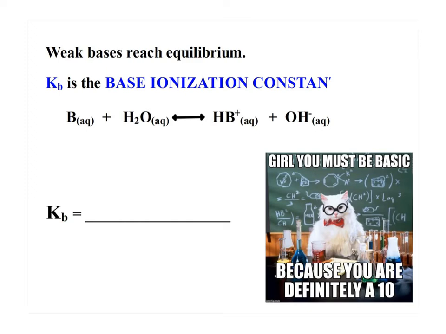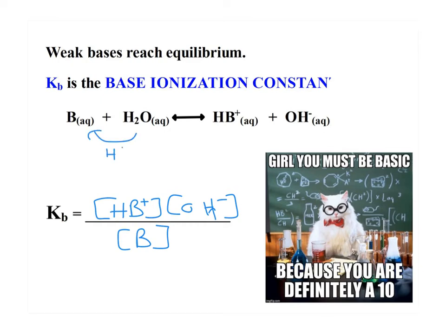Now weak bases, again, they reach equilibrium, and our Kb is our products over our reactants, and again, water is not going to show up there. Remember, bases are different than acids in that bases accept protons and form hydroxide ions in solution. Base ionization.